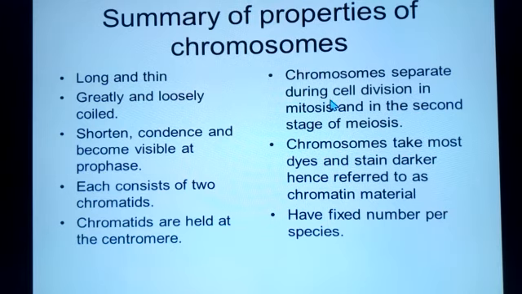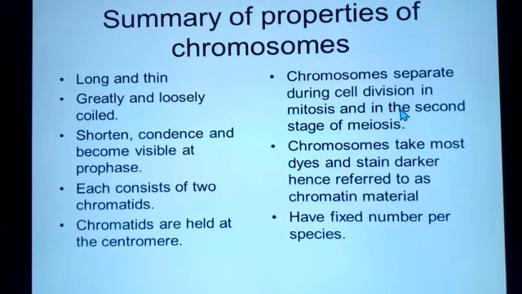Then, the other property is that the chromosomes can separate, especially during cell division, mitosis, and in the second stage of meiosis, that is during anaphase and anaphase 2 of meiotic division.